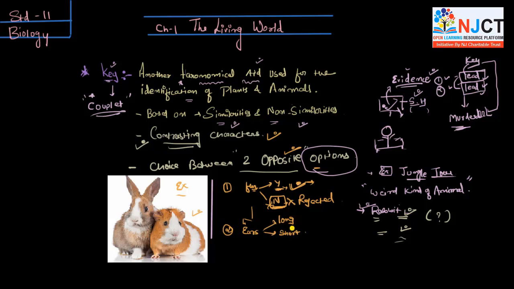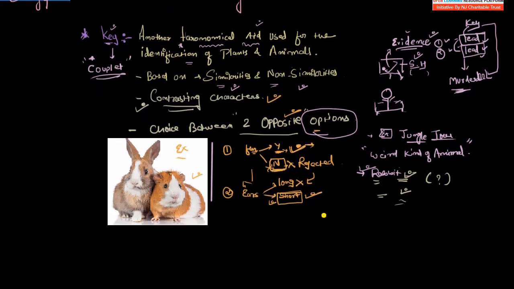So is it long or short? Whatever I've seen, their ear was short. In the acceptance of one option, we have just seen that the other option directly got rejected. So you have two facts: whatever I've seen has fur and has short ears.